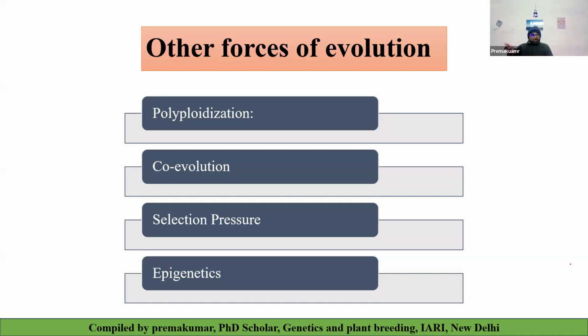What is coevolution? Anybody heard about the Red Queen hypothesis? Co-evolution is the perfect example of one thing in the plant body. Can anybody tell? Race-specific pathogen, sir. Exactly, that thing; they co-evolve with each other.